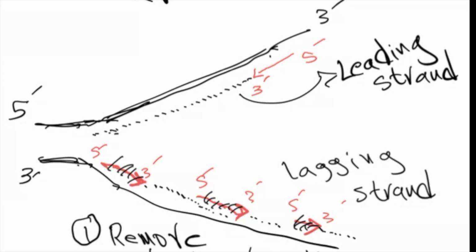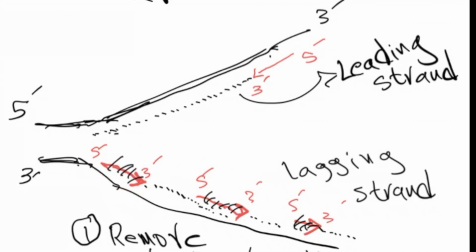So DNA replication happens on the two strands. One of the strands is built continuously, which we call the leading strand, this one. The other strand is being synthesized in fragments, in little pieces, which we called Okazaki fragments.